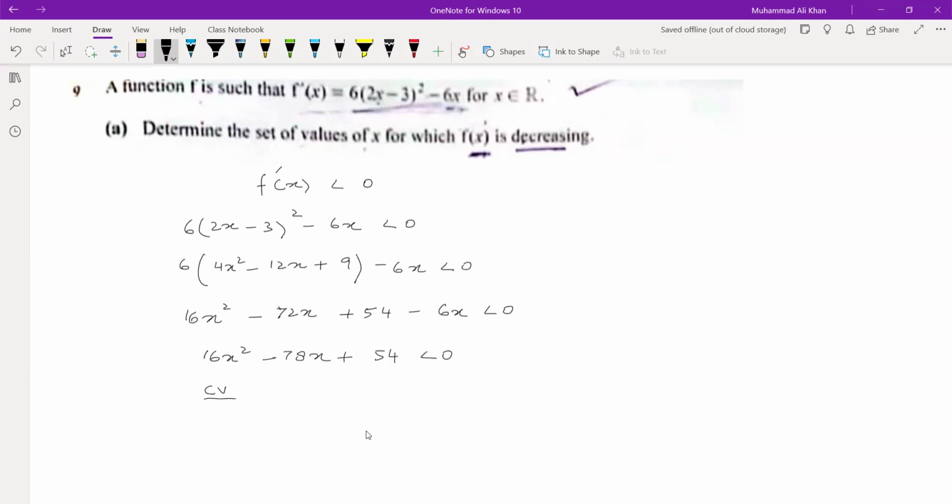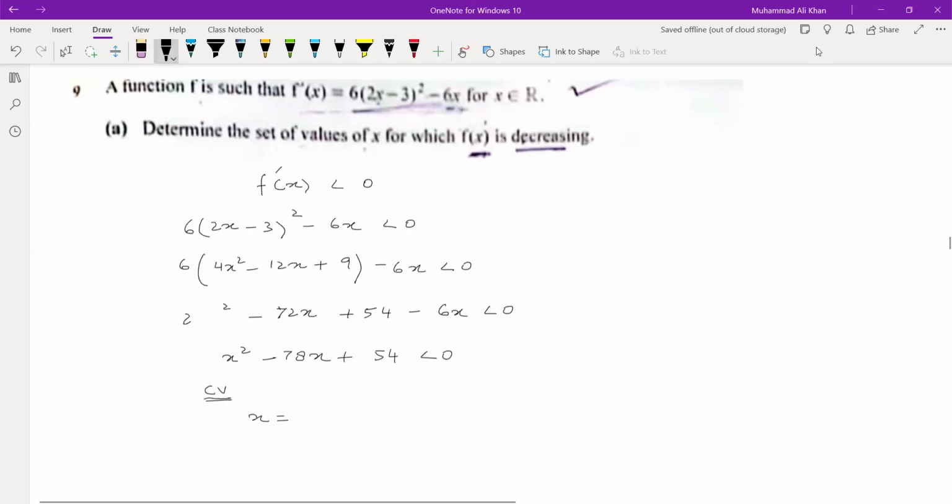Find out the two critical values of x. One correction here, 6 4s are 24, not 16.